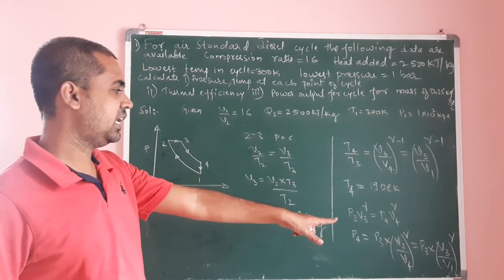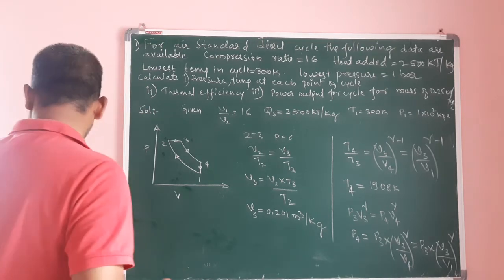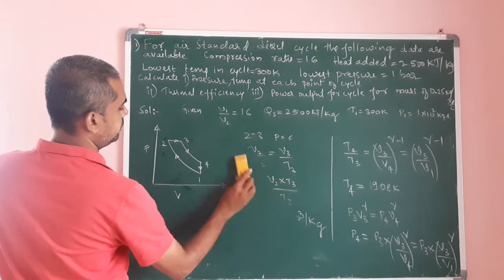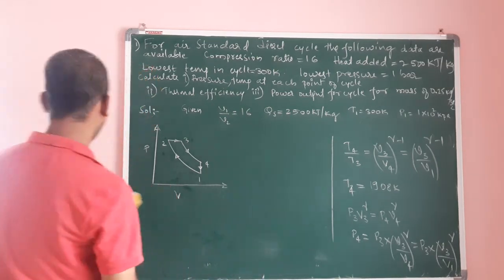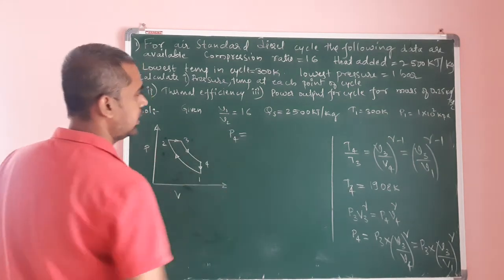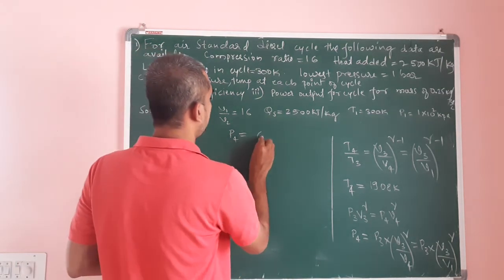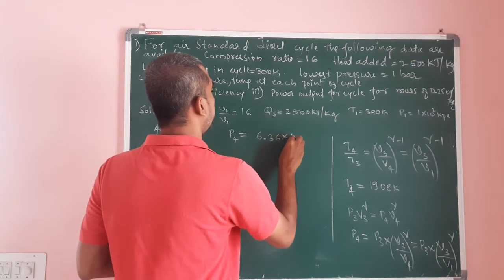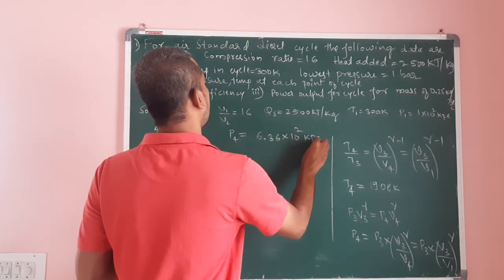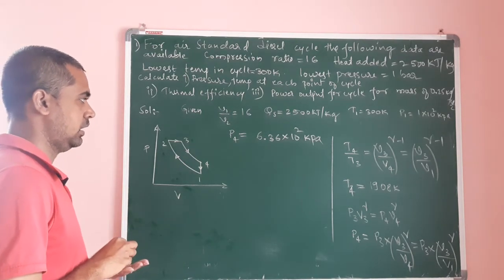If you substitute P3 and P1 in this equation, you will get P4 equal to 6.36 into 10 raised to 2 kilopascal. You can calculate this in several ways; this is the one way which I have used.